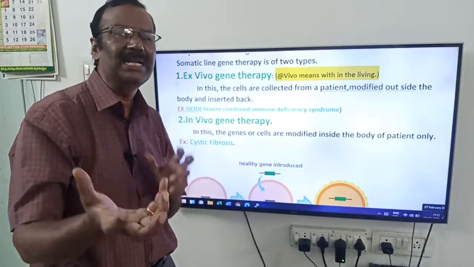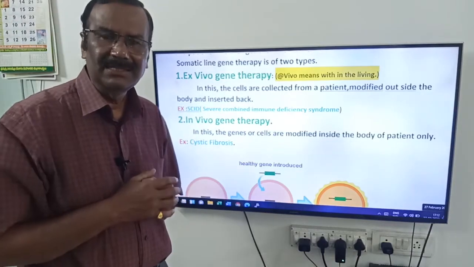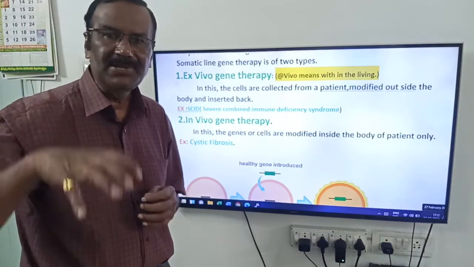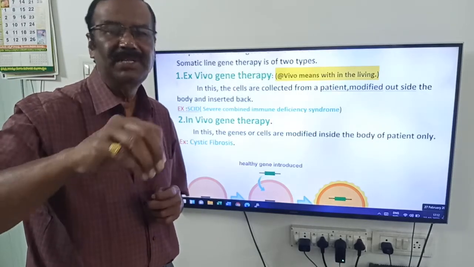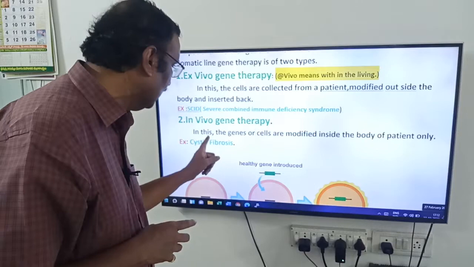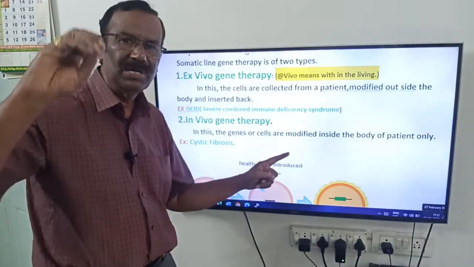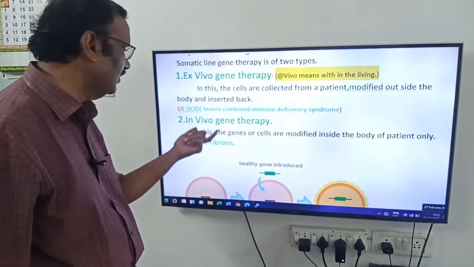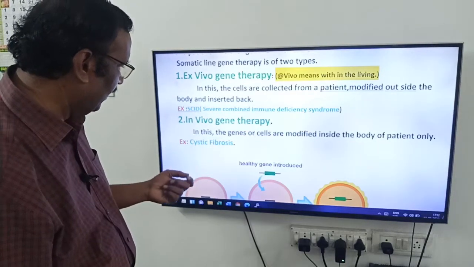Friends, here they are not taking the cells outside. They are treating the patient within the body, inside the body of that patient, friends. So in this, the genes or cells are modified inside the body of the patient only. That is called what, friends? In vivo gene therapy. Example, friends, cystic fibrosis.